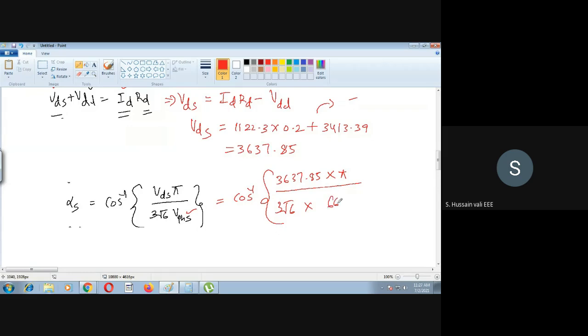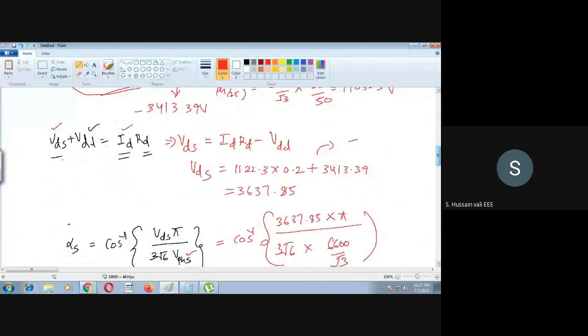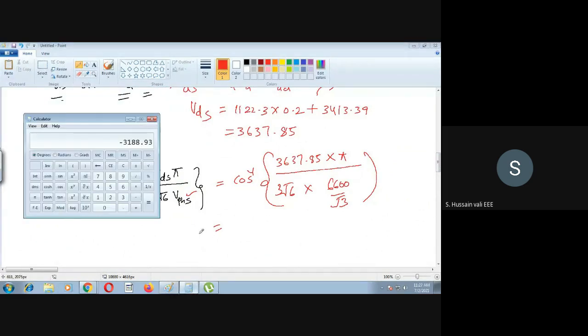It is 6600 by root 3, because this we have already seen. Yeah, this we got already. Okay, source side, it is the source side, not the load side. So then we solve this now. 3637.85 multiplied by 5, we got this answer, divided by 3, then divided by root 3, root 2, 1.414 divided by 6600.